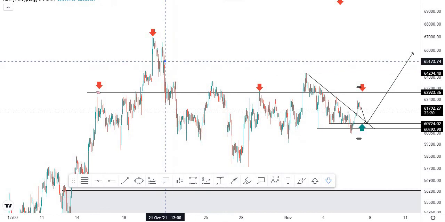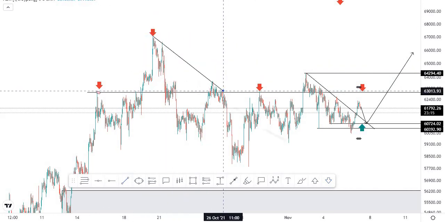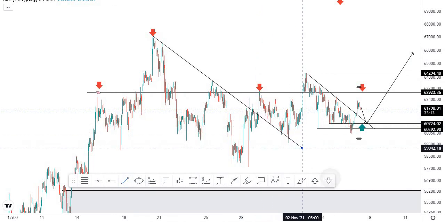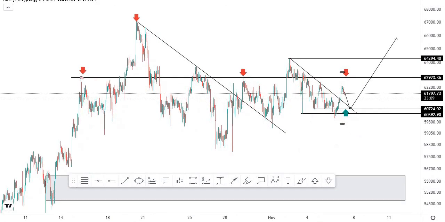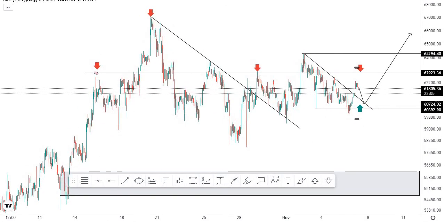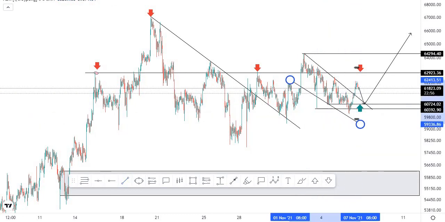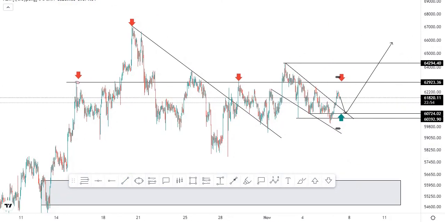As you already know, I've already drawn it. We have a simple pattern that was formed here, then we broke out of it, then we formed another new pattern here. Then we pushed up higher.